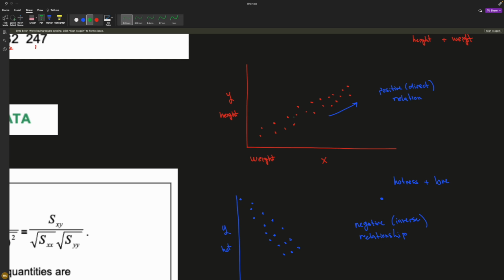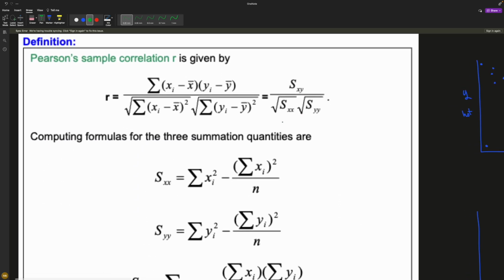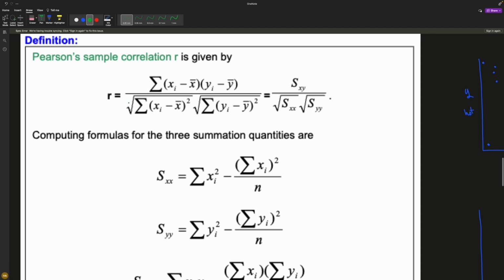Like if you were to tell me how strong they relate, like between height and weight? How relatable are these two things? Is it a very strong relationship? Do they relate but not too much, or do they not relate at all? So if I want to put that in numbers, that's what Pearson's sample correlation R gives me. It will basically tell me how strong these two variables are related.